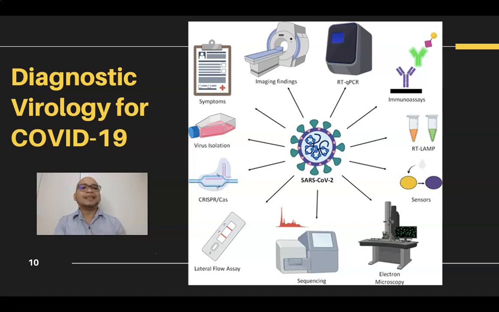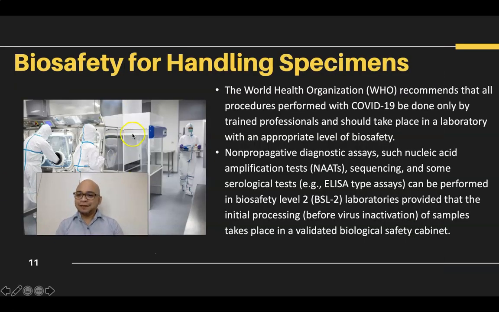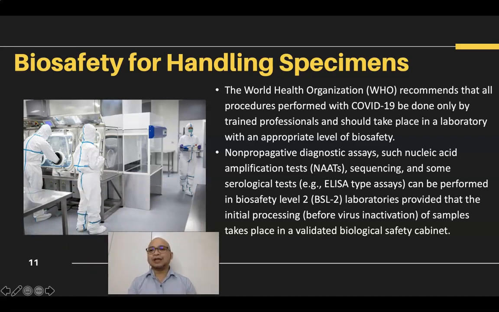And then, of course, with the advent of diagnostic tests, since it is expensive to have an electron microscope every now and then, molecular and serological tests were developed. Since this lecture is intended for clinical laboratory science students, we will be focusing on molecular and serological tests for COVID-19. But before that, let's talk about biosafety for handling specimens.